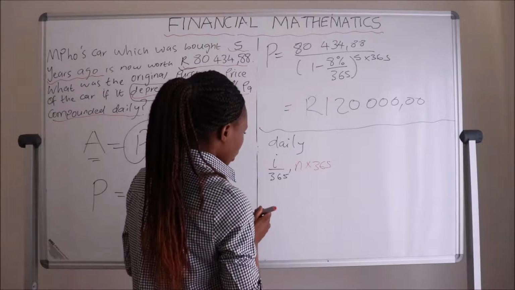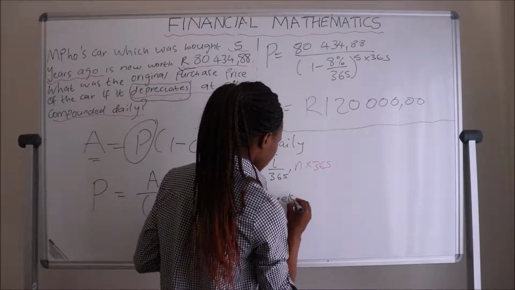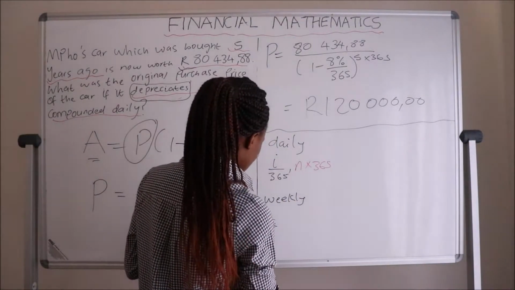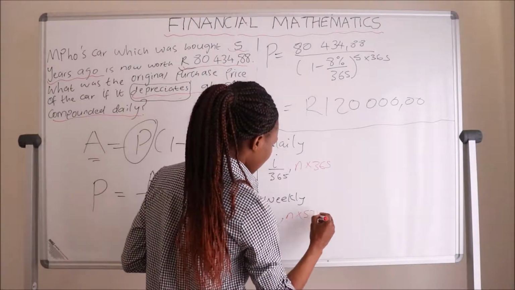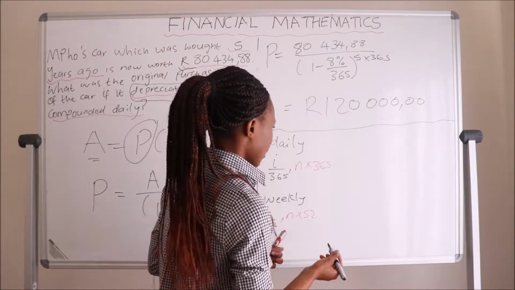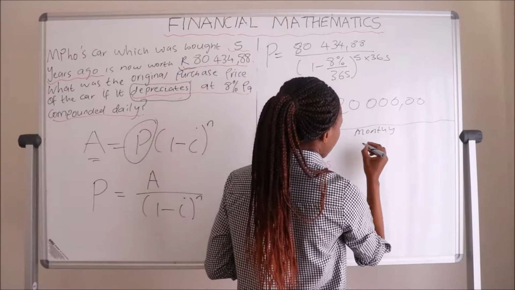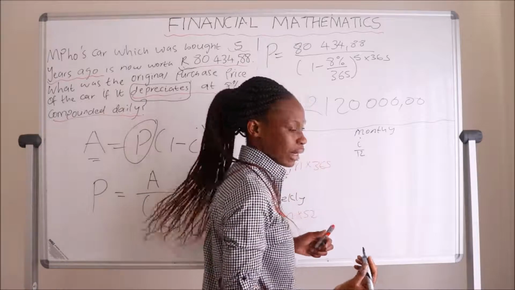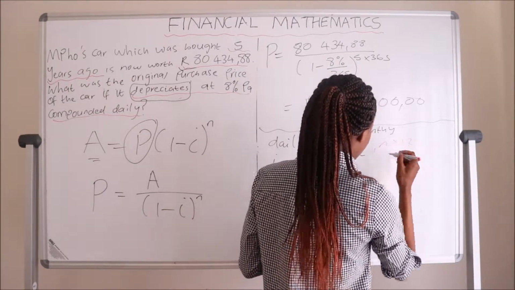If you are compounding weekly, your I will be divided by 52 and your N multiplied by 52. Whatever you divide with, you must also multiply your exponent by that number. With monthly, you divide by 12 and multiply N, the period, by 12.